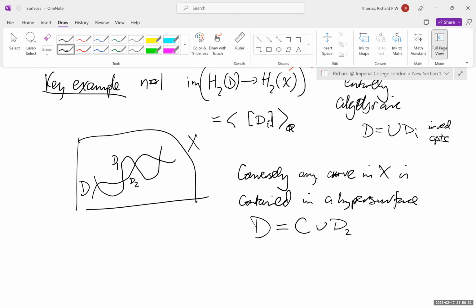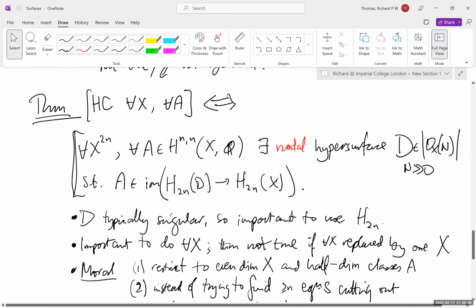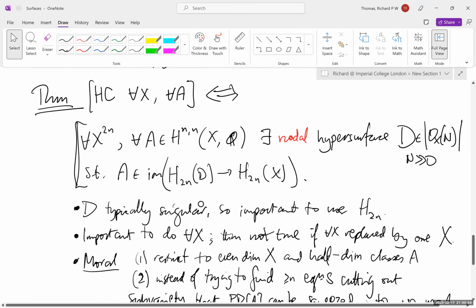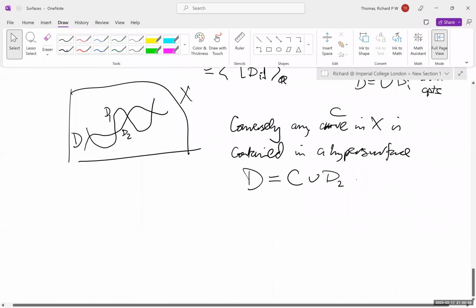Okay, so a curve C in X is contained in a hypersurface. I can always take a very, very ample hypersurface to contain the curve, and then it will split into that curve plus some other algebraic pieces. Okay, so that means that my curve is indeed in the image of the second homology of the divisor, because the fundamental class of the curve there is an element of H_2 of D, which then pushes forward to the curve class in X.